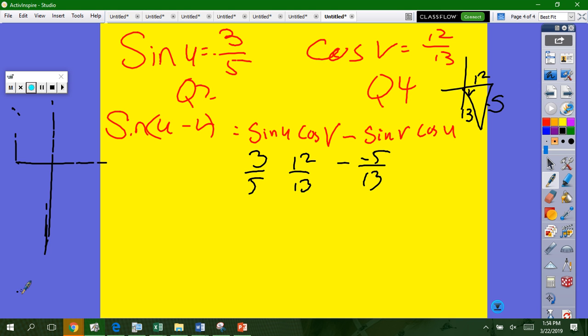Sine of u is 3/5, and the other side is negative 4. It's in quadrant 2, and so that's negative. This is part of the problem. Quadrant 2, well, that's quadrant 4. There are 2 different angles.